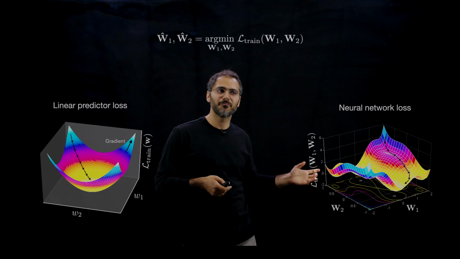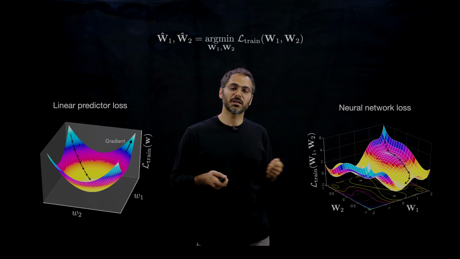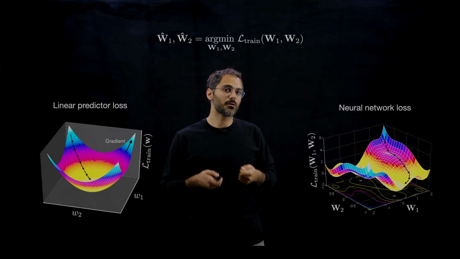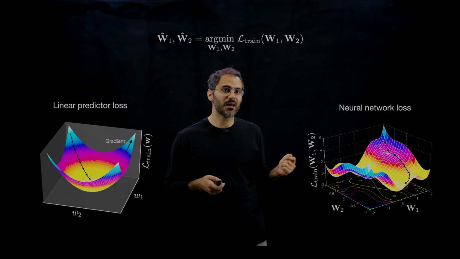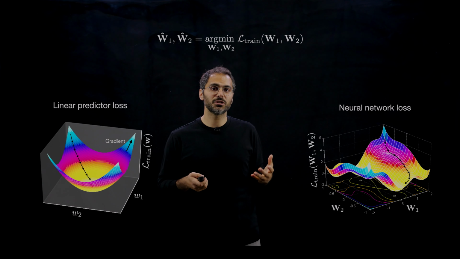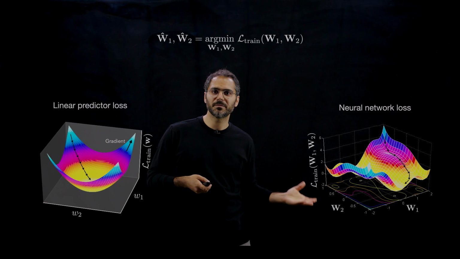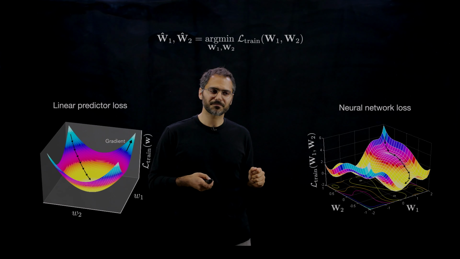So we might have many minima. And it's very easy in this case to get stuck in local minima, especially since we now have so many weights. The function LTrain will be very high dimensional and will have a lot of local minima. And in fact, this makes this optimization problem very hard and very non-convex.